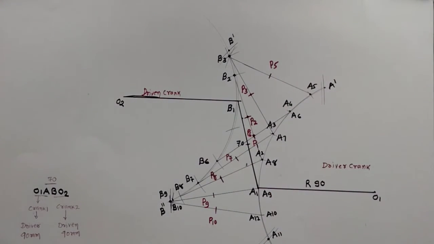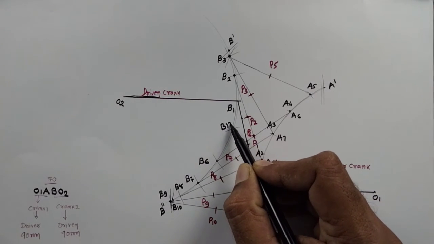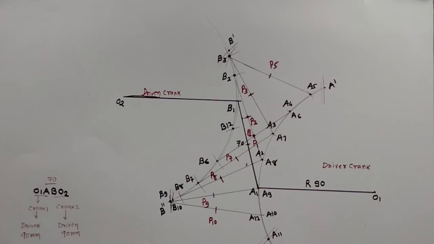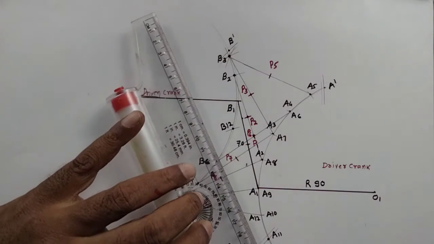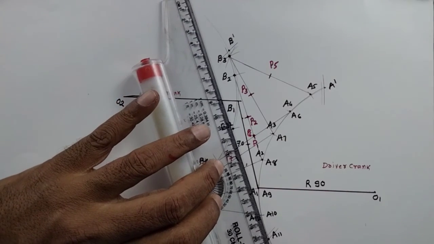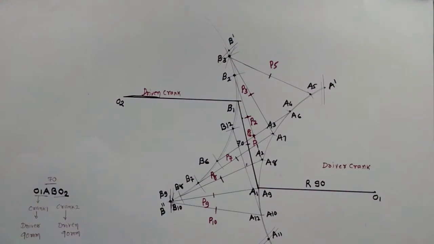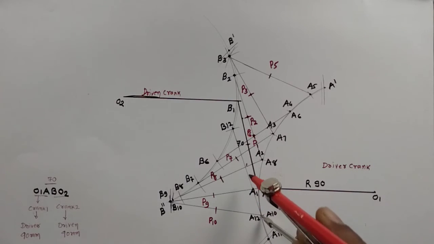From A10, that is your B10, apply A12, that is our B12. First I join the A12 B12 with a light line. On this line we find our P12 point.